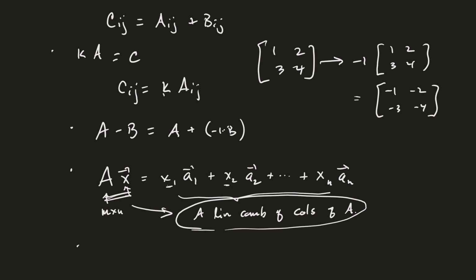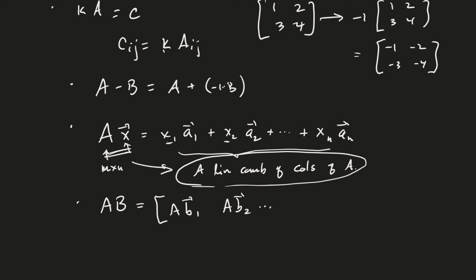Now we're ready to multiply two matrices together. That's done by taking the first column as A times the first column of B, then A times b2, and so on. Is there any restriction on how many columns B has? No. So let's say the last one is A times b_p.